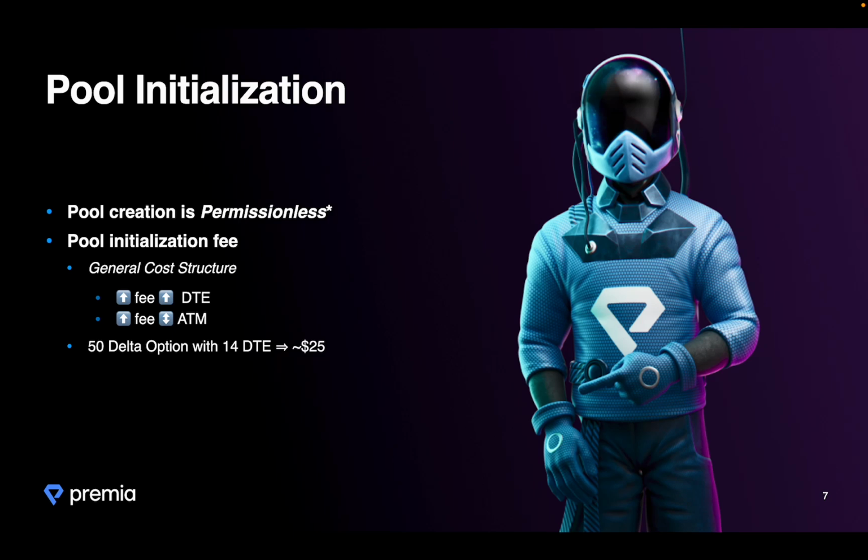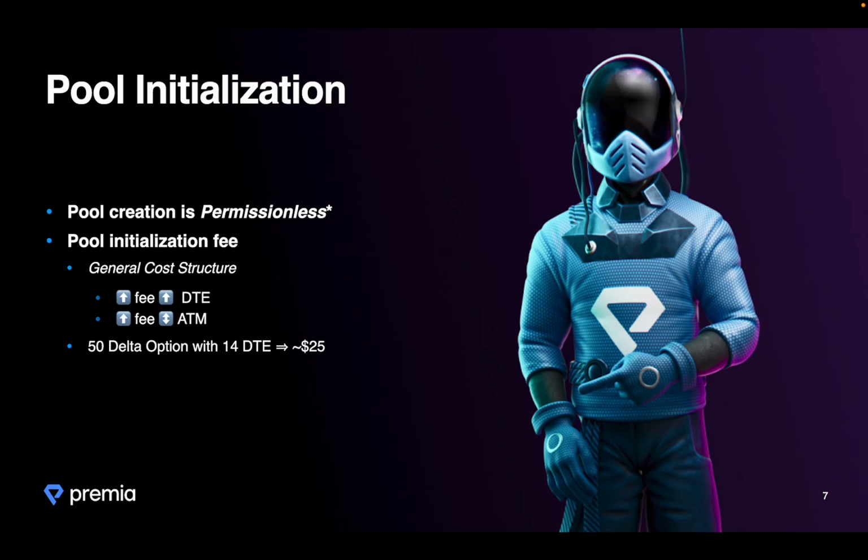To initialize a pool, there is a fee. That fee, as an overgeneralization, increases as a function of days to expiration. So all things being equal, the further out an option is in terms of expiration, the more expensive it will be to initialize that pool.